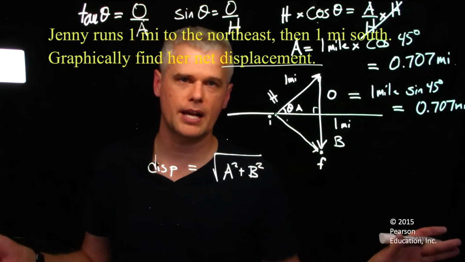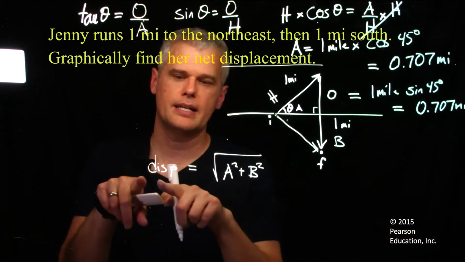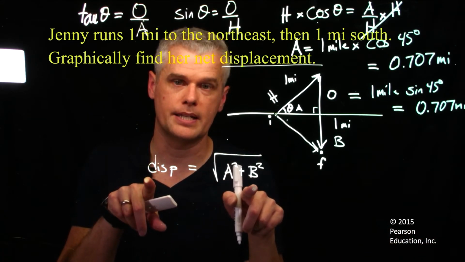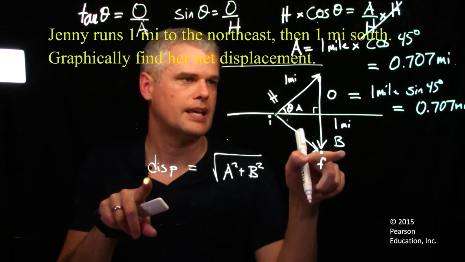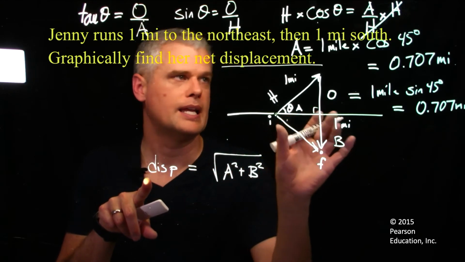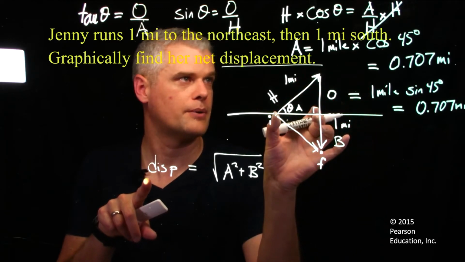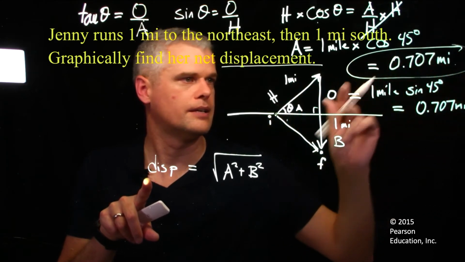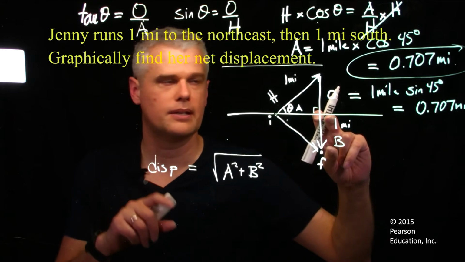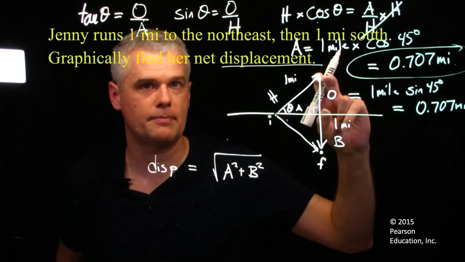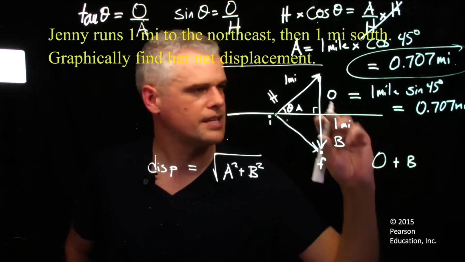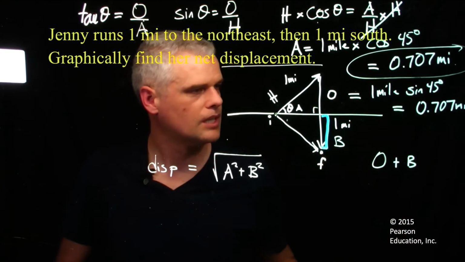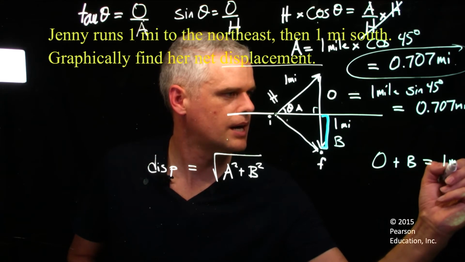So I'm sketching out a strategy here. I started with the end in mind. I want to get the displacement, and I need to know B, and I need to know A. And I'm starting to work out, well, how do I get A? Here it is. How do I get B? Well, I think it comes from this opposite side and the fact that the opposite side plus this extra little bit is equal to 1 mile.